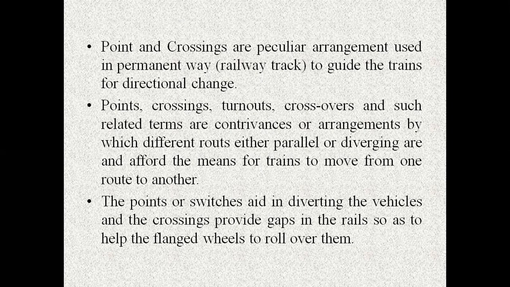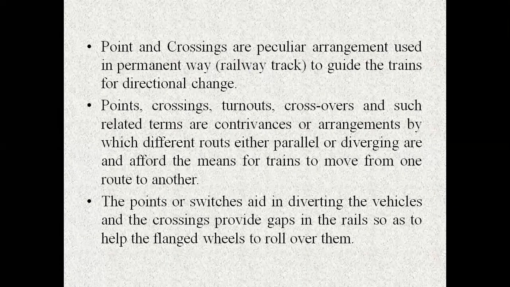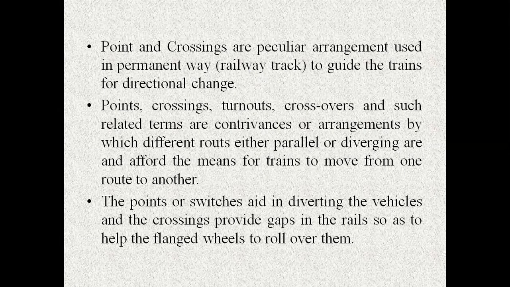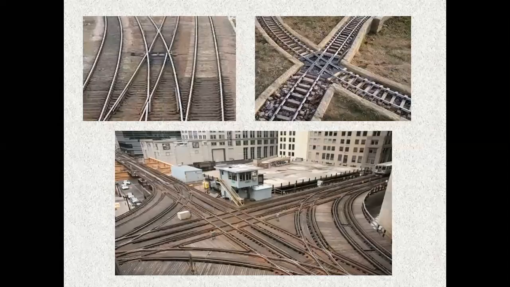So these tracks provide such gaps for the wheels to easily roll towards the changed course. These switches and crossings provide gaps in the rails so as to help the flanged wheels to roll over them.